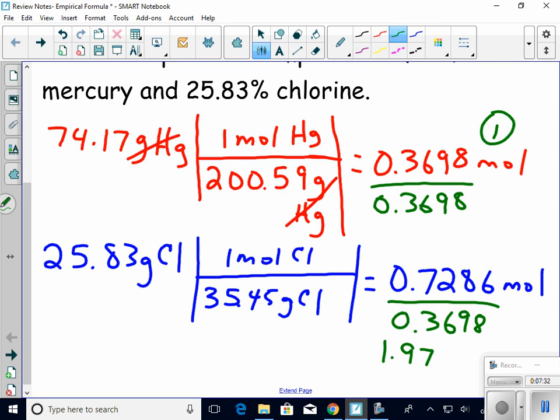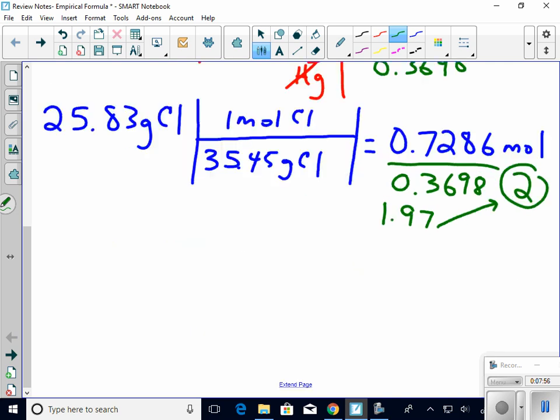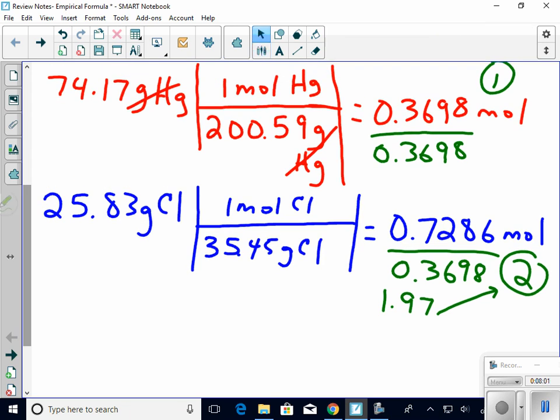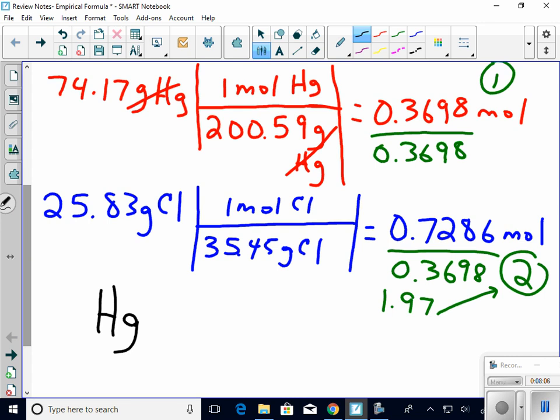Now, for the purposes of empirical and molecular formula, I'm going to consider that 1.97 is very close to 2, right? So I'm going to consider this a 2. So the empirical formula for this particular problem is simply going to be Hg, how many of those? 1.